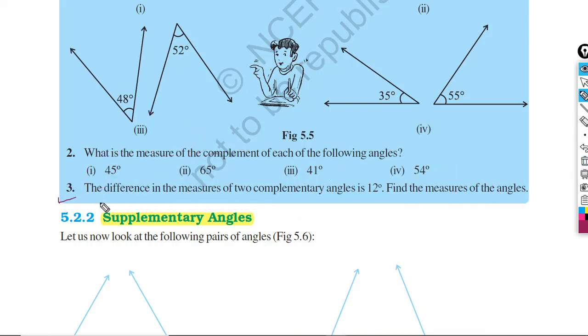Now 3. The difference in the measure of two complementary angles is 12. Find the measure of the angles. It's a nice question. The difference of the measure of two complementary angles is 12.